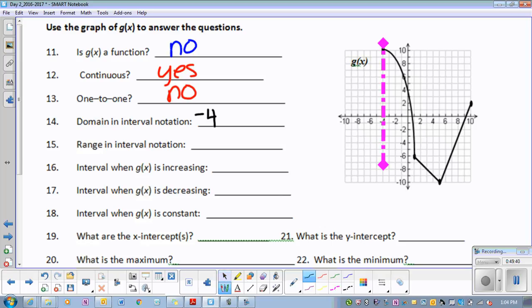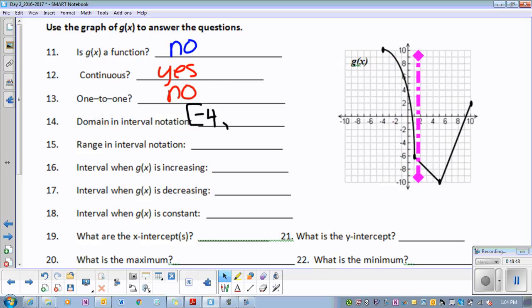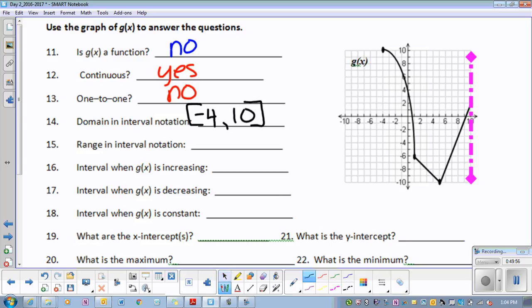That's a closed circle, bracket or parentheses? Bracket. So -4 all the way to what x number? 10. Bracket.